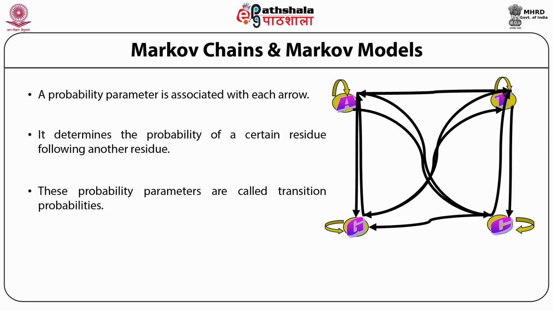Again, let me reiterate, the Markov model is characterized by a set of states which are related by transition probabilities, and each state has a set of outcomes, and the probability of each outcome is called the emission probability. So I have a set of states and I have two kinds of probabilities, the transitions and the emission. Together I get my Markov model.